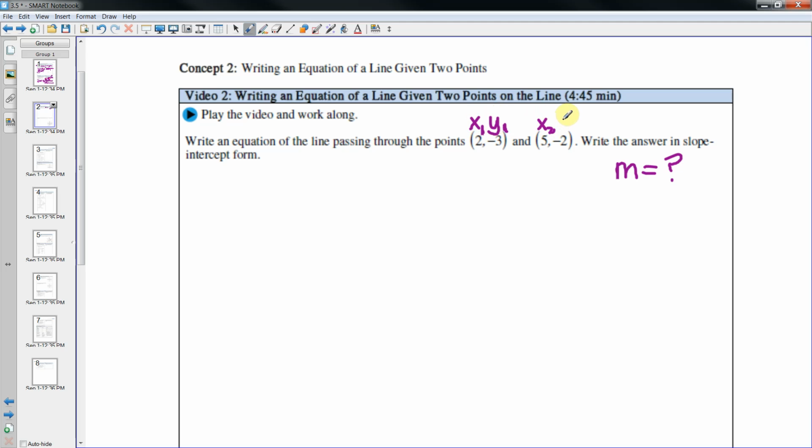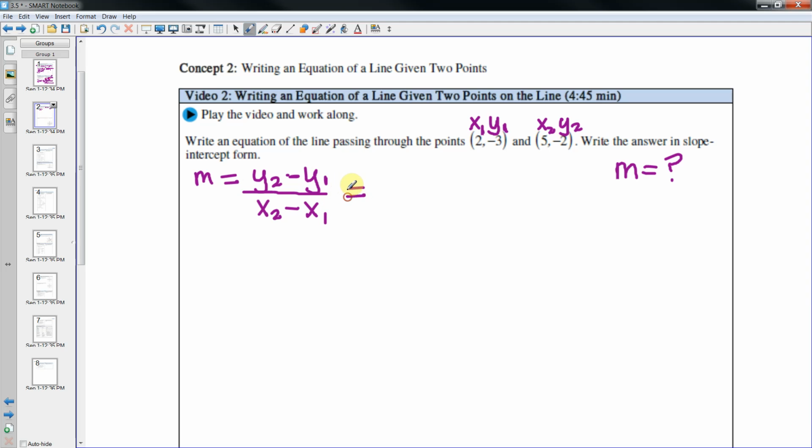Remember, how to find slope is labeling the points x1, y1, x2, y2. So remember, slope is your y2 minus y1 over x2 minus x1. So in this particular problem, I'm going to have to find the slope first before I can use the point-slope formula to get an equation.